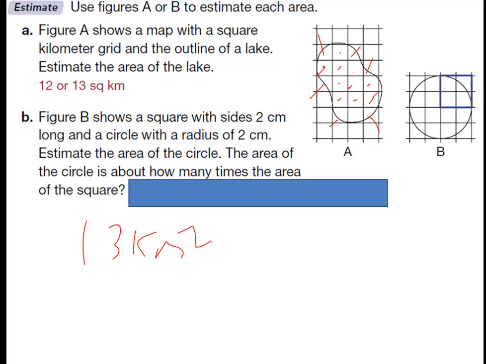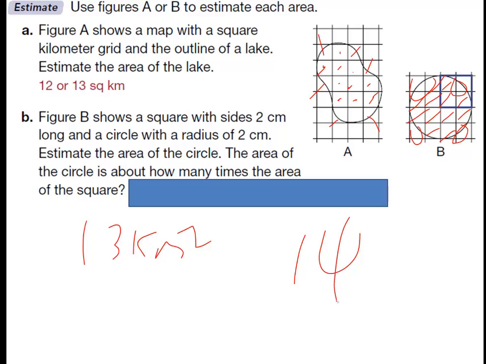All right, let's do this together now. We got 1 whole, 2, 3, 4, 5, 6, 7, 8, 9, 10, 11, 12. And then we got a half and a half, a half and a half. So I have 14. That's what I come up with. Maybe it's 13, but I think it's 14. And if that's the case, then the square, 2 by 2, is 4.